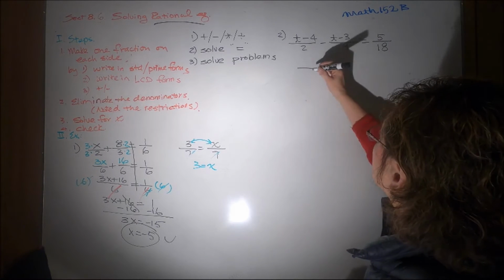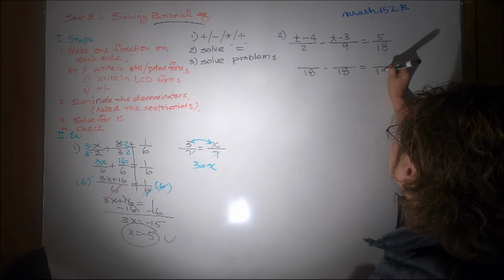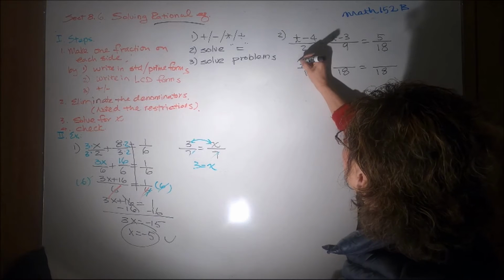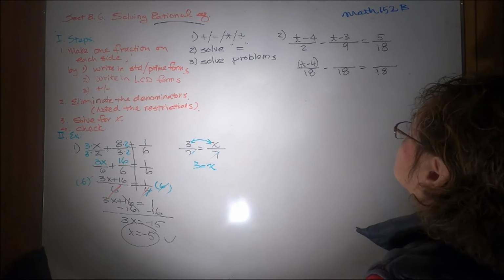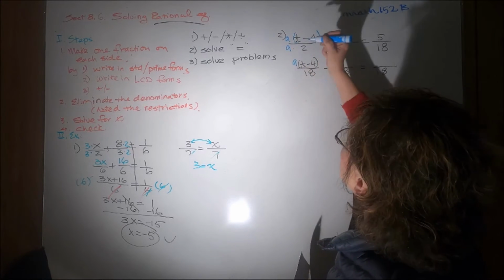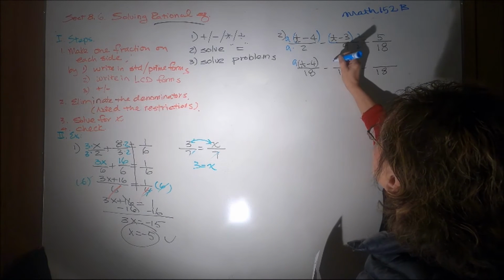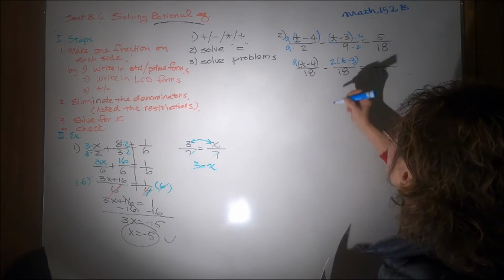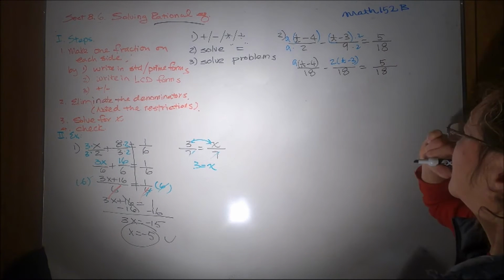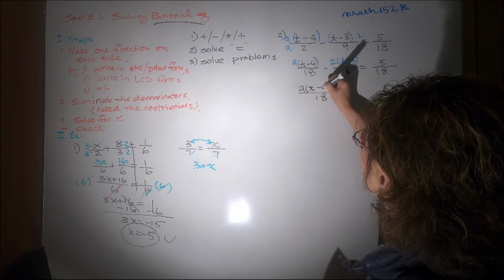For 2, 9, 18, you will use 18. So t minus 4 will be multiplied by 9, and this one you will multiply by 2, 2 times t minus 3. And this one is fine, it's 5.